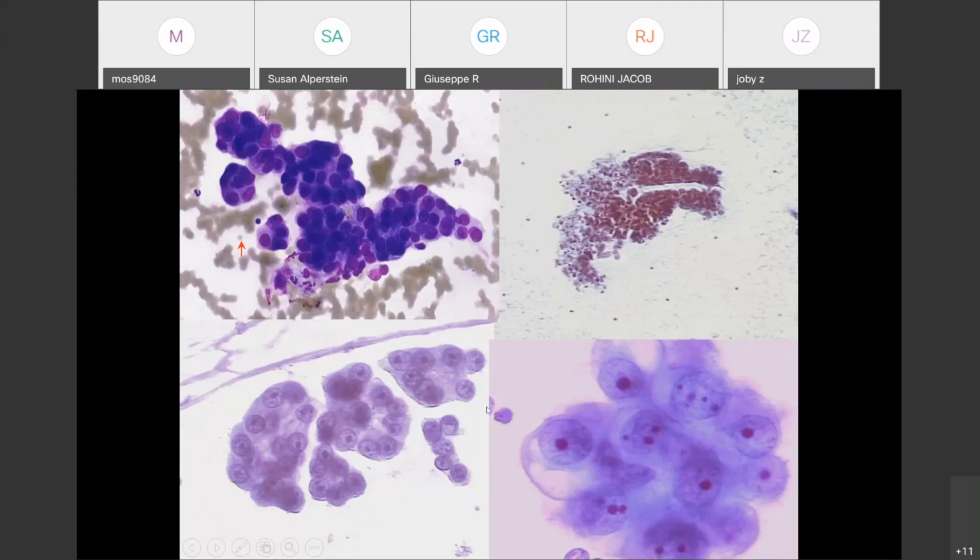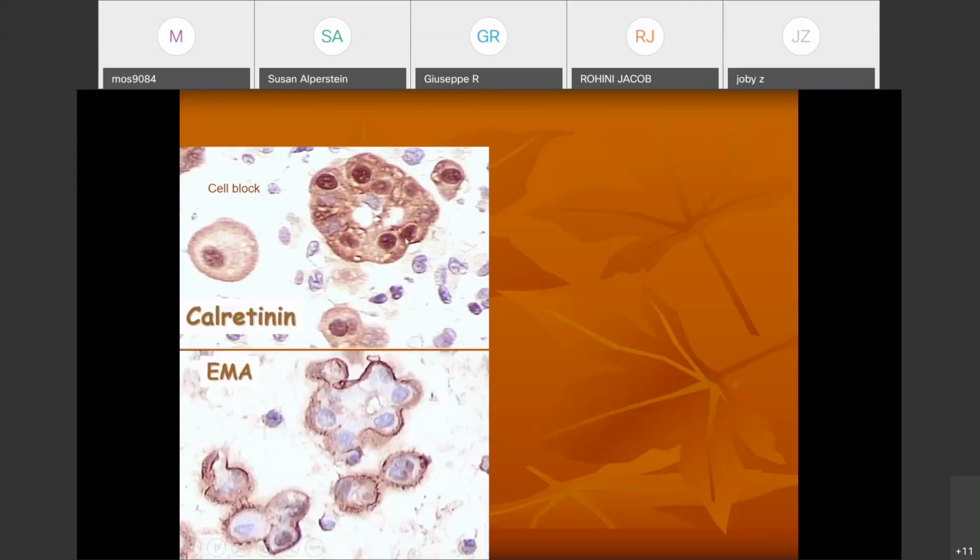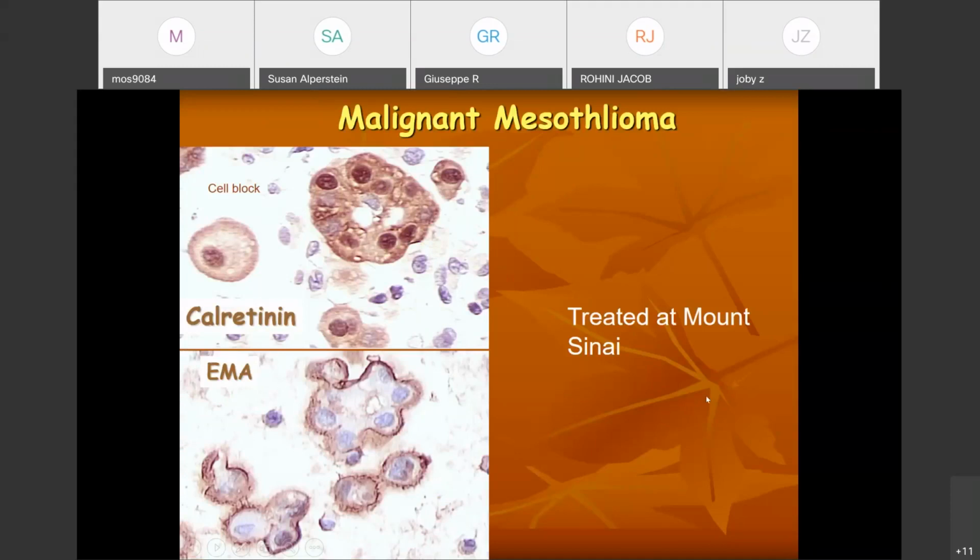But the cells really look like mesothelial cells. So cytokeratin and EMA highlight the very long microsurface villi. So malignant mesothelioma. Patient was treated at Mount Sinai Hospital.